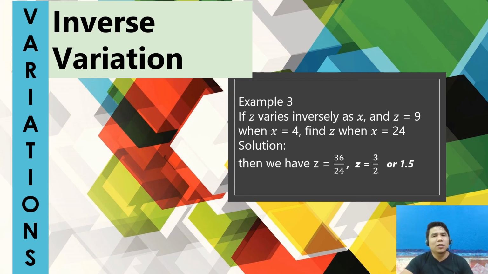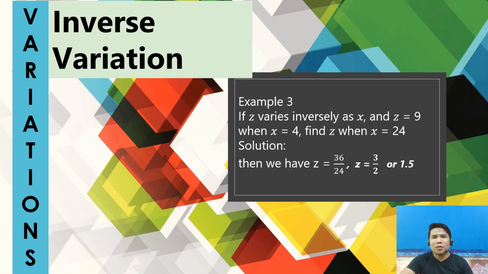So 36 over 24 can be simplified as 3 halves, and you can write that in either mixed number or decimal, but it's more acceptable if you have it in fraction or decimal. So 3 halves is 1.5, and you can say that your value of z is 1.5.